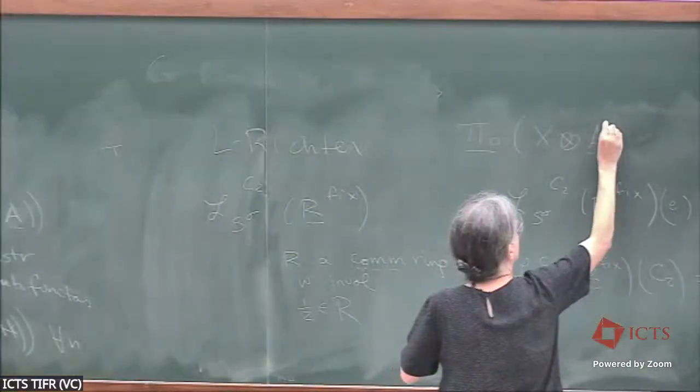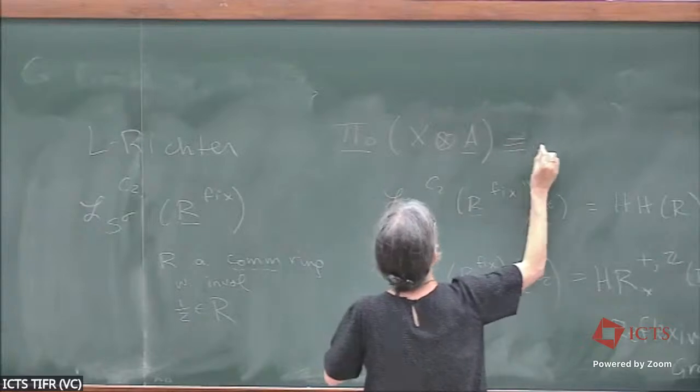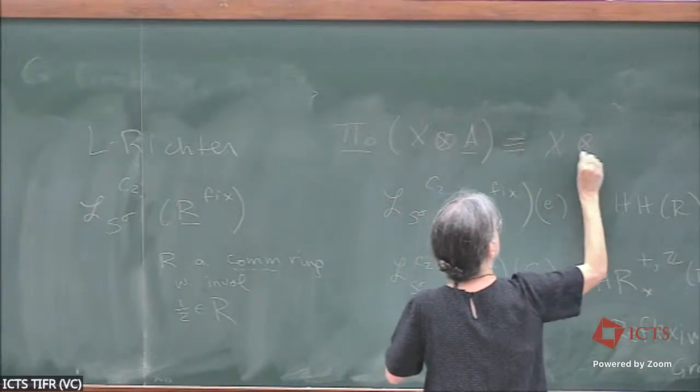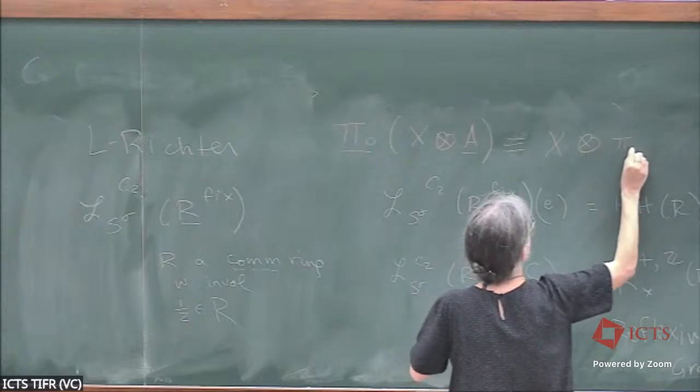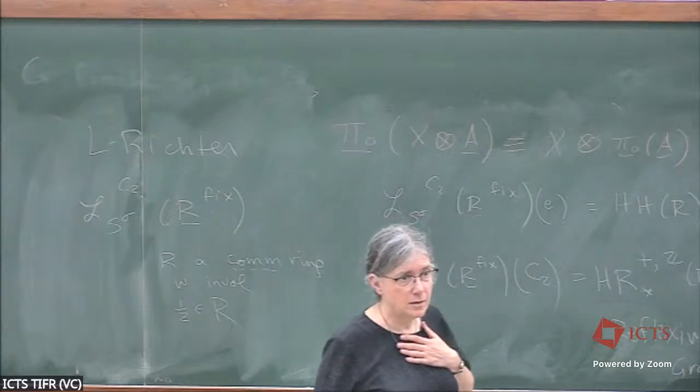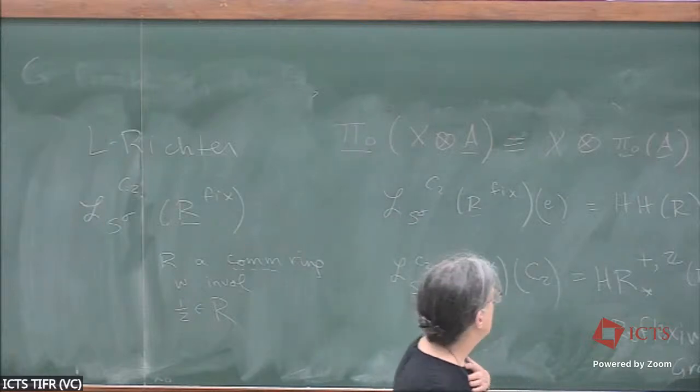I'm exactly saying that I want pi 0 underline of x tensor A to be the same as x tensor pi 0 underline of A, where this is calculated in the box.